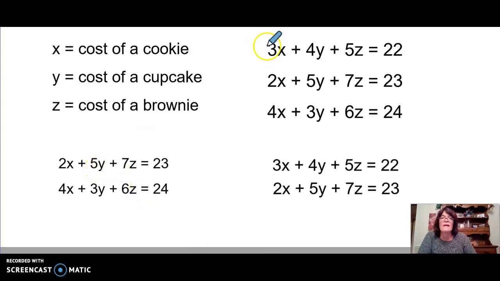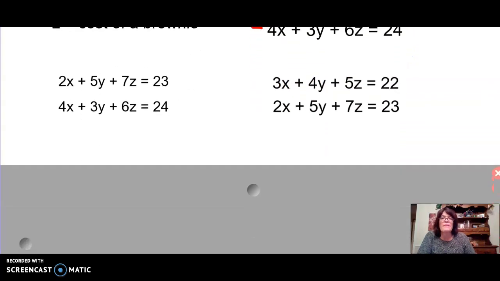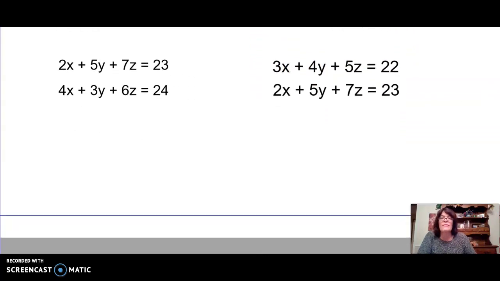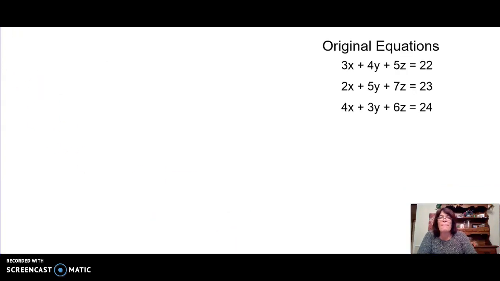So I'm going to take the top, these 2: 2x plus 5y plus 7z equals 23, 4x, okay. I'll take those 2, and the other 2 I'll put together are these 2. And I'm going to decide I'd like to get rid of x.